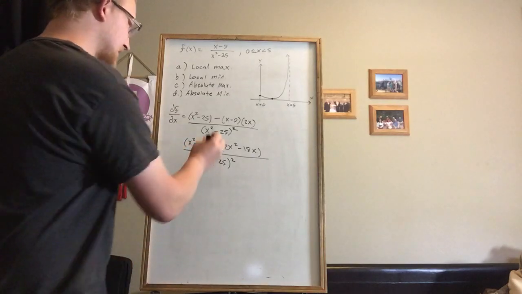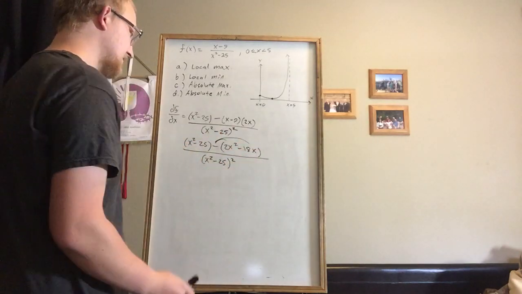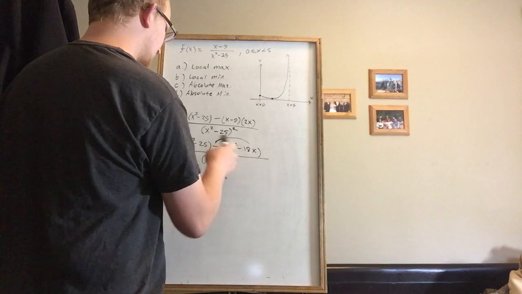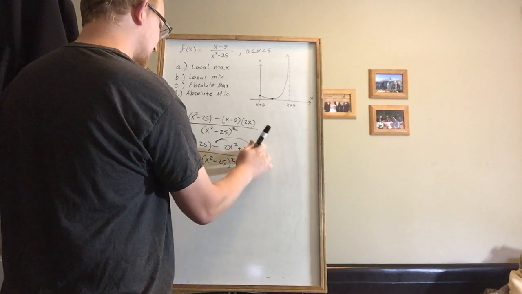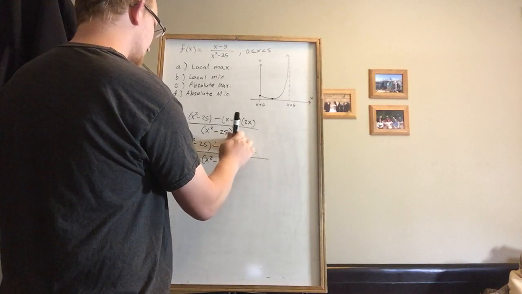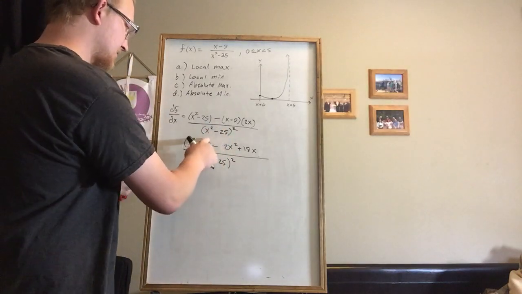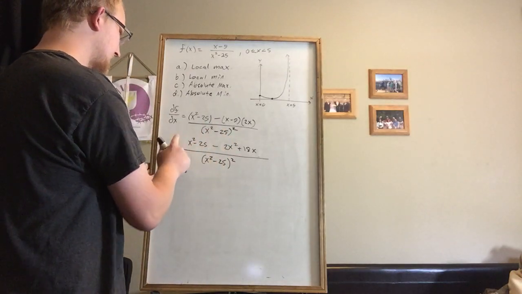Now we can distribute this minus sign into those two terms, and that's going to give us minus 2x squared plus 18x. And over here we have nothing left to distribute, so we can get rid of our parentheses.